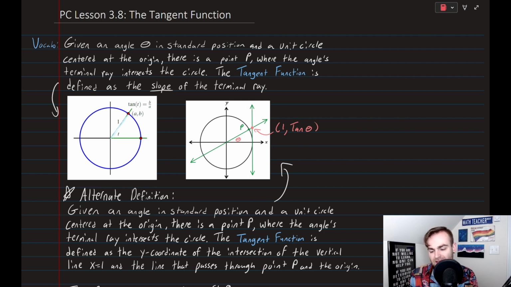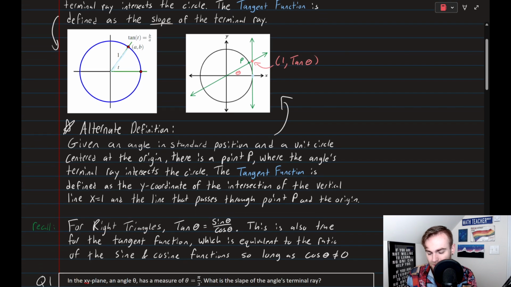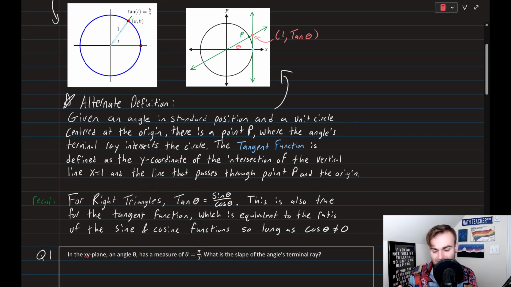Where that intersects a vertical line through the point (1, 0) on the x-axis, that point is going to be defined as (1, tangent). The y-coordinate of that intersection is defined as the tangent function. Both of those are actually equivalent, and we're going to prove that in class, so I'm really looking forward to that. That's all fine and dandy.